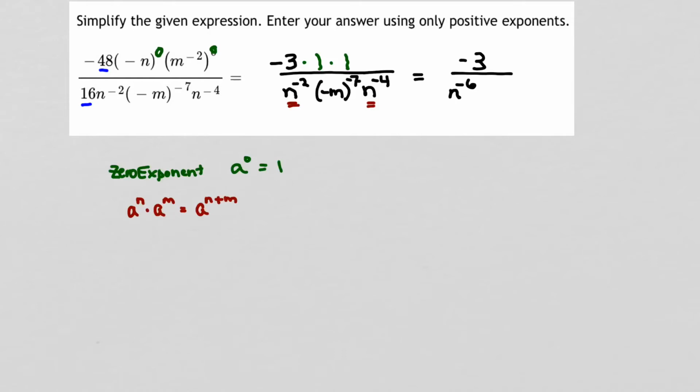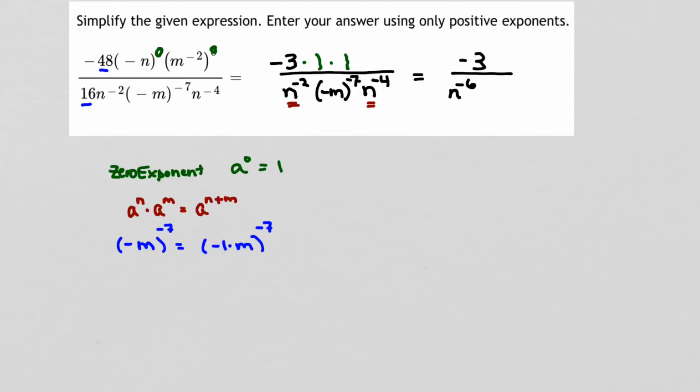What about that negative m to the negative 7? Well, let me break that up and look at that as two different things. If I have negative m to the negative 7th power, I can think of that as negative 1 times m. That's what's inside my quantity.